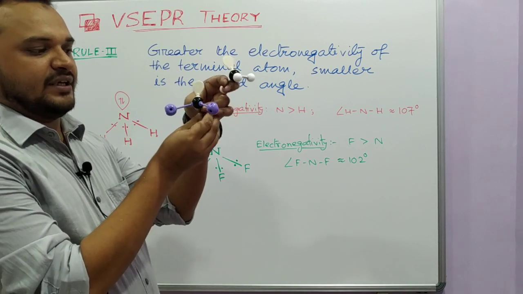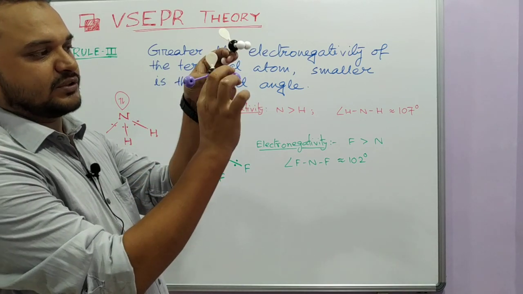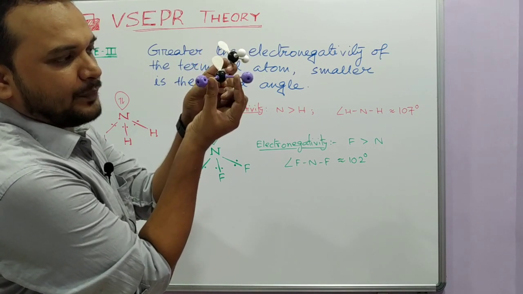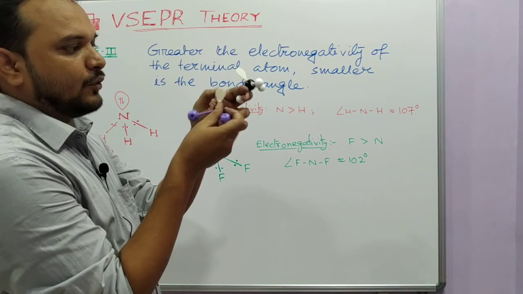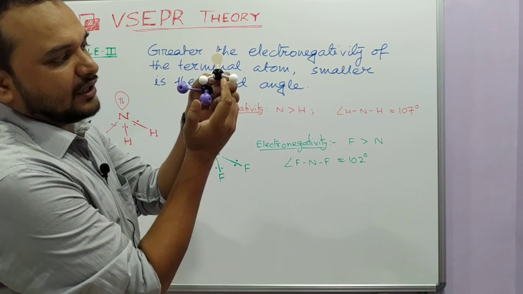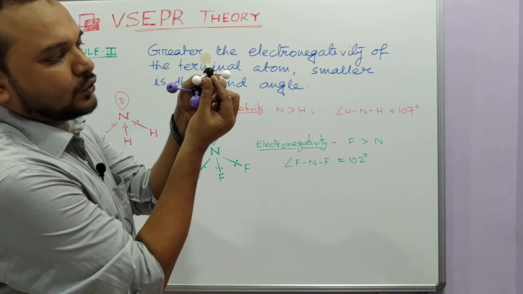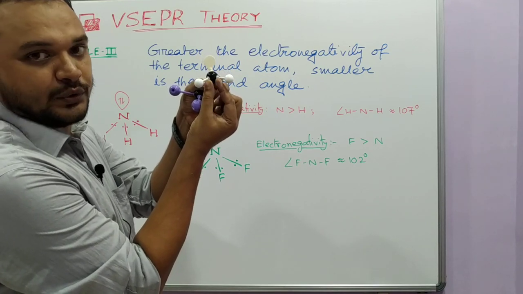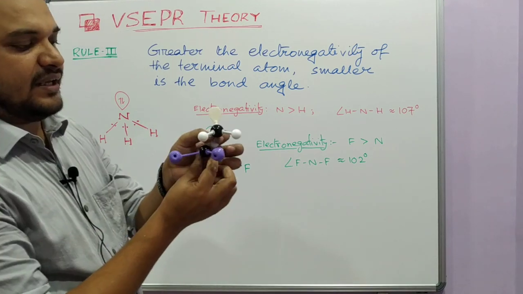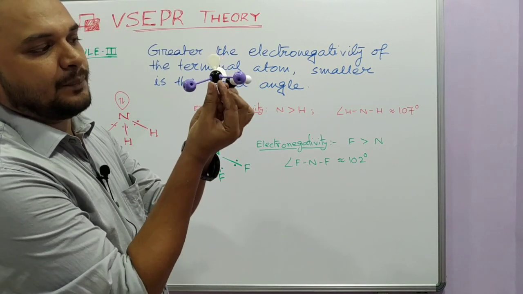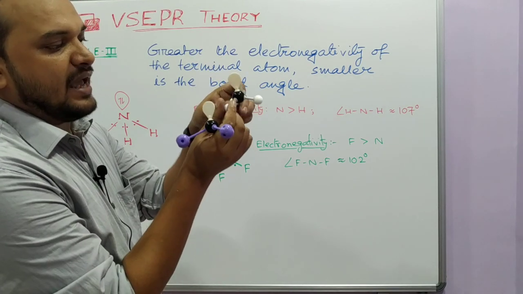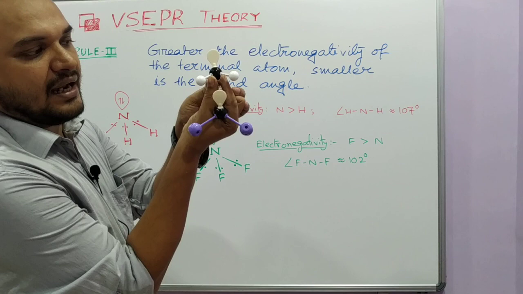For NF3, the pairs of electrons are closer to fluorine, so the distance between the electron pairs is greater. But in ammonia, NH3, the pairs of electrons are closer to nitrogen, so they are close to each other. Because of this electronegativity difference, in NF3 the bonding pair electrons are at more distance, and in ammonia they are at close distance.